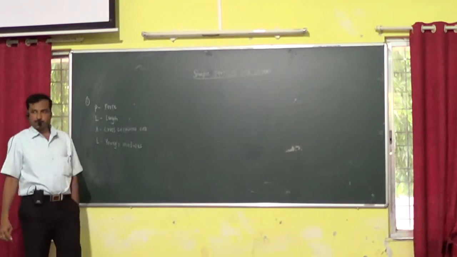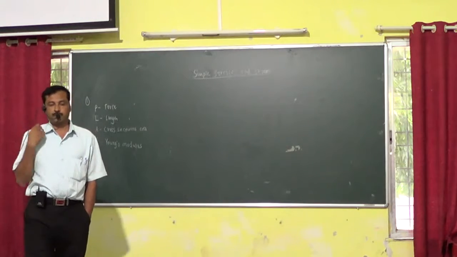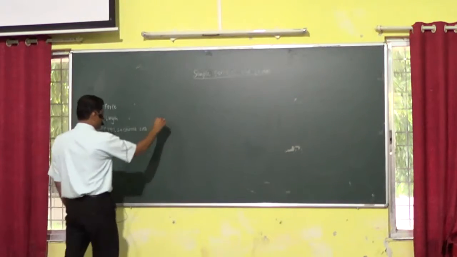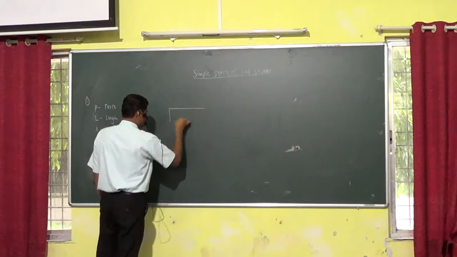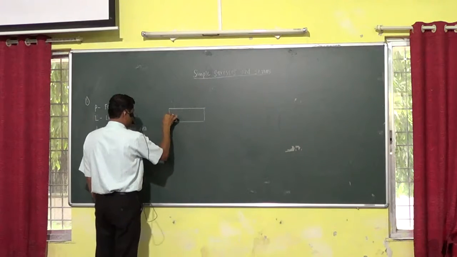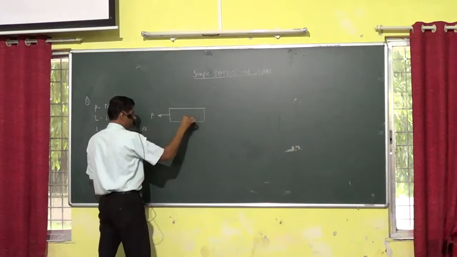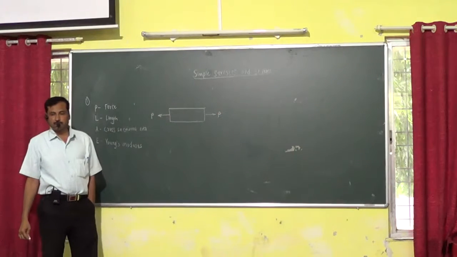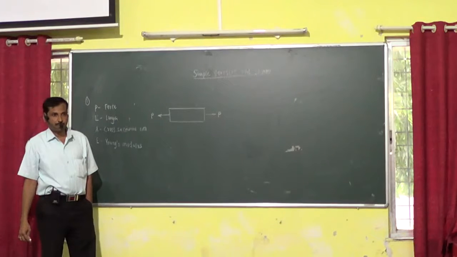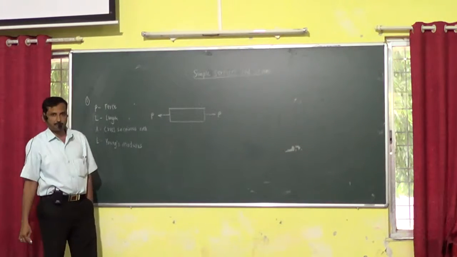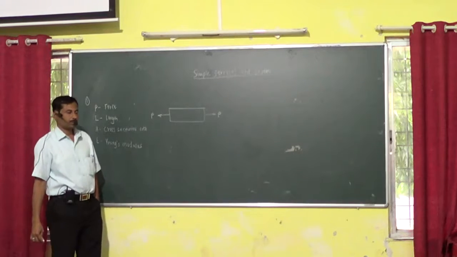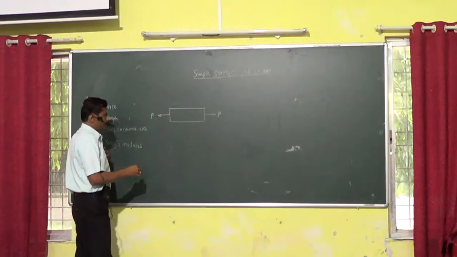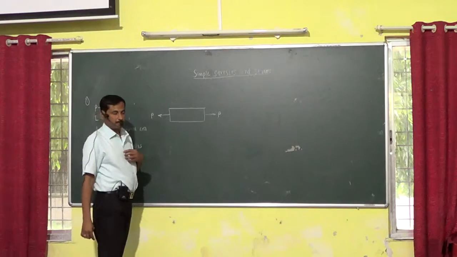then if suppose P amount of force is applied on any bar, so for this bar P is the amount of force applied. Either force is tensile in nature or compressive in nature. If we consider here P as tensile in nature, then we are identifying elongation of this bar.